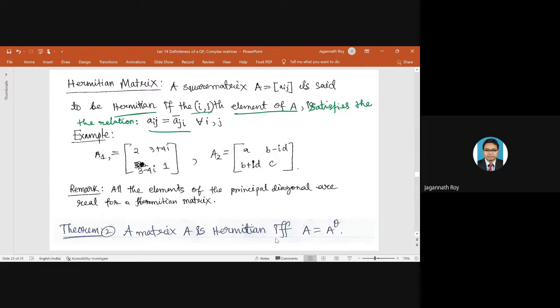If this is satisfied for the matrix, then we call it a Hermitian matrix. So here is one example. A12 and then A21. Note that if you take the conjugate, then you will get A21.